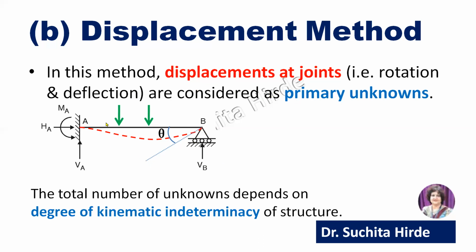Since the primary unknowns are thetas and deltas, the total number of unknowns depends on the degree of kinematic indeterminacy of structure. I have already made one video on degree of kinematic indeterminacy, how to calculate it. So you can watch those videos to understand the meaning of degree of kinematic indeterminacy.